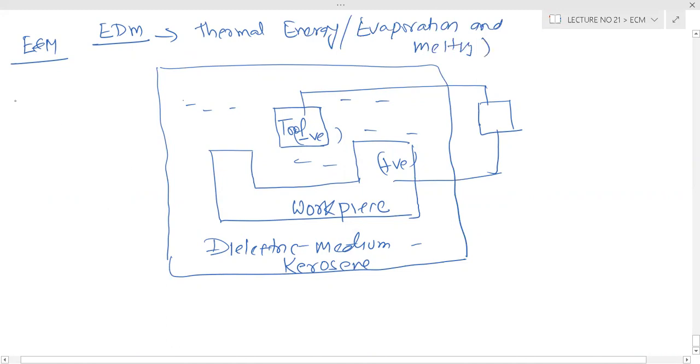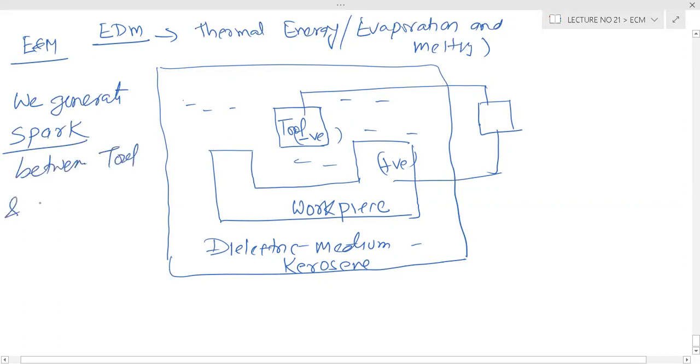We generate a continuous spark between tool and workpiece, and that spark is a controlled spark.